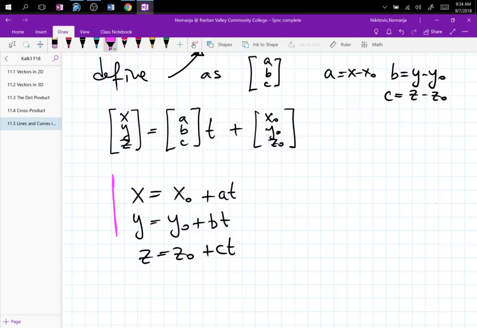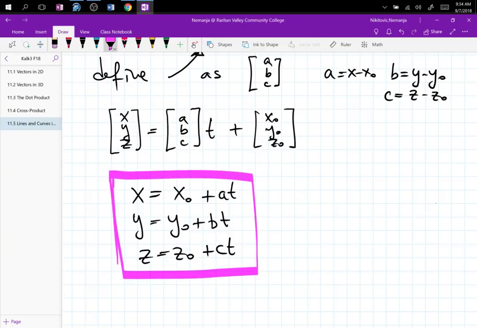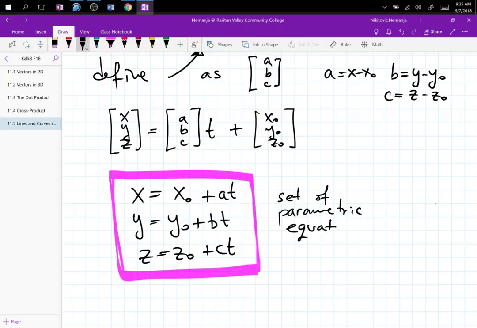And that is the set of parametric equations for the line in R3, 3D.